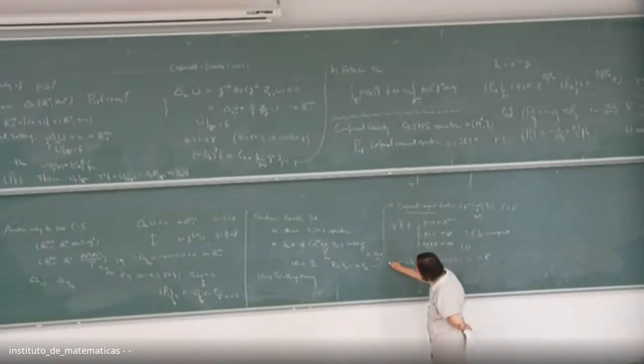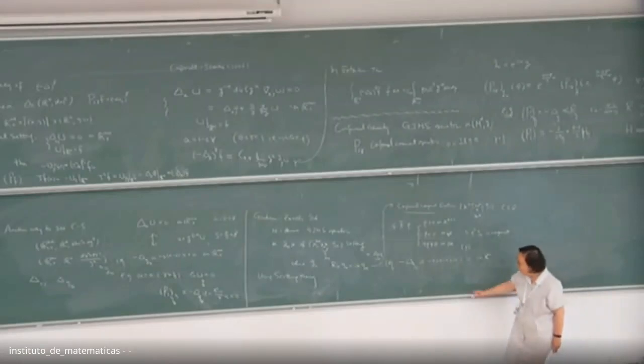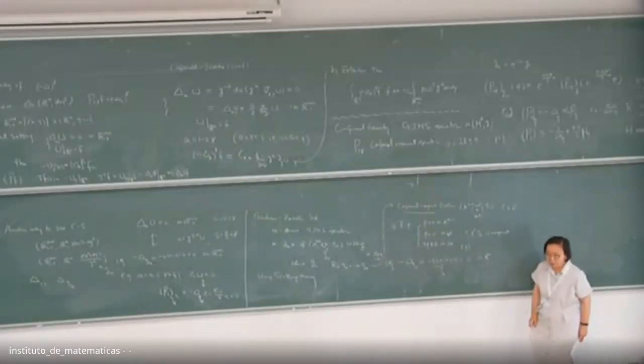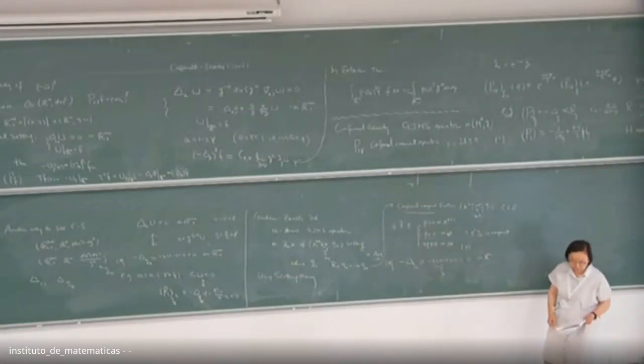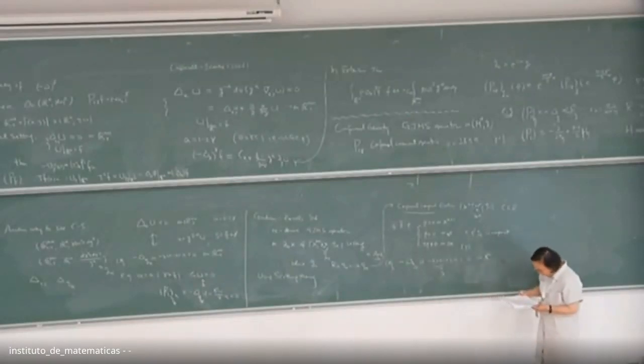And what Graham and Zworski did is they studied the existence of solution of this equation, and this is the eigenfunction. So they studied those s where this PDE has a solution, with boundary behavior.